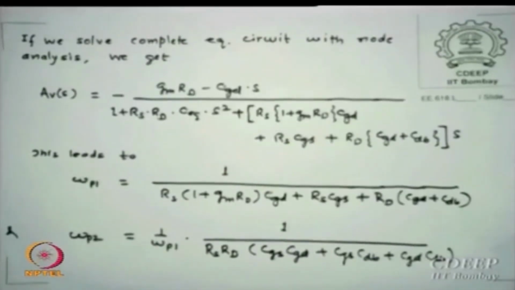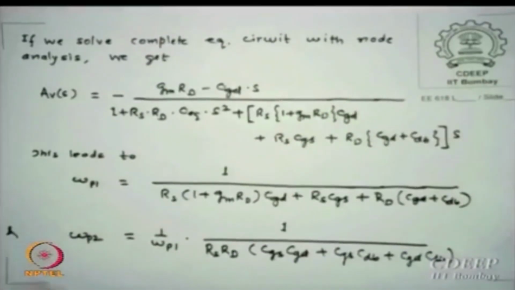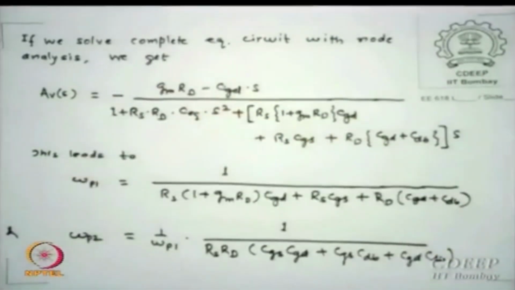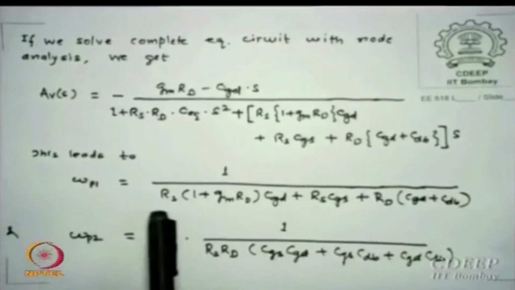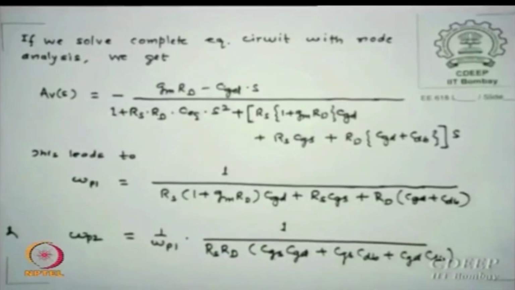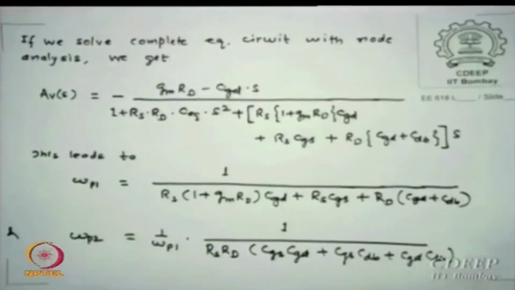Okay, the statement I was making: if you want to solve by Kirchhoff's law, huge expressions like this will appear. This gives you 2 poles, omega p1 and omega p2. How do you do it? By partial fractions, expand it as (s plus 1)(s plus 2), get the equivalent, and you can extract these. So these 2 poles: RS CGS plus GM RD CGD, RS CGS plus RD CGD plus CDB, and omega p2 is 1 upon this whole term times 1 upon RS RD, using Kirchhoff's law.